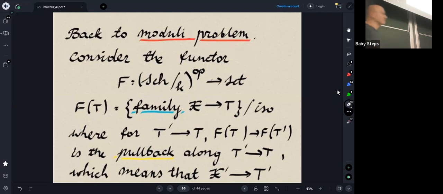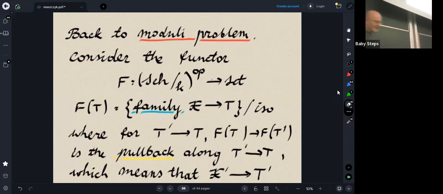So what is the moduli problem? Let's fix some category. For the purpose of this illustration, it will be the category of schemes over the field K from algebraic geometry. If we have a presheaf on this category, we could think about the representability of this presheaf by some object as well.